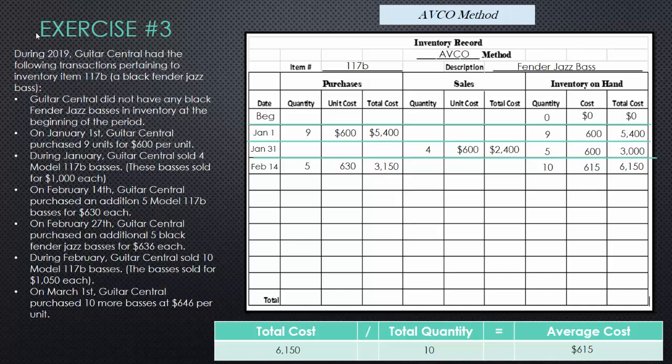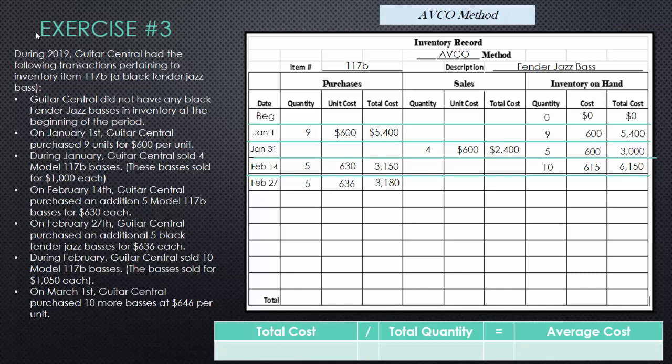February 14th purchase. On February 27th, we're going to purchase an additional 5 Fender Jazz basses for $636 a piece, which means the total cost of that purchase is going to be $3,180, and we once again need to figure out the new levels of our inventory on hand.